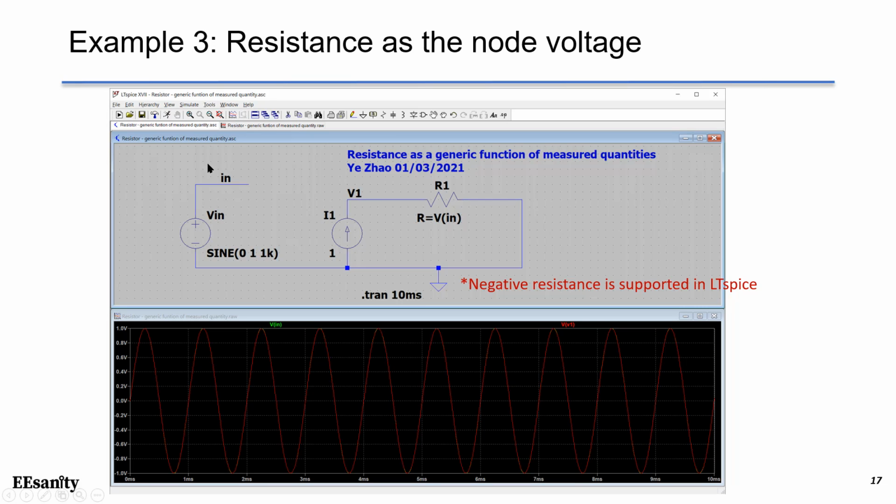After we run the simulation, we check the voltage at Vin and V1. We can see they are overlapping in the time domain. That means the resistance is changing as the waveform of Vin. Also, this resistance goes either positive, 0, or negative as defined by the sinusoidal waveform.